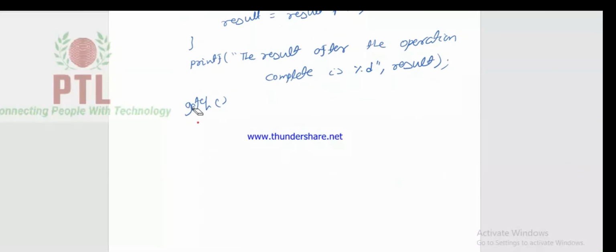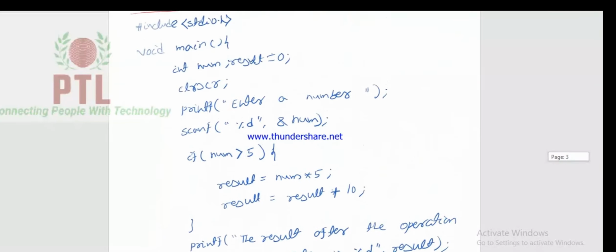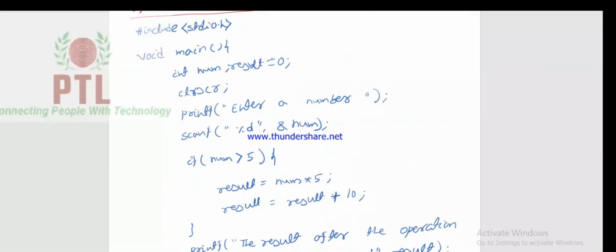So writing becomes very hard now. Getch and end of the main function, right? So what I am doing here: if with multiple statements need to be executed, if this condition is true, what are the numbers I have given, that is greater than 5, then only I will execute these many statements.